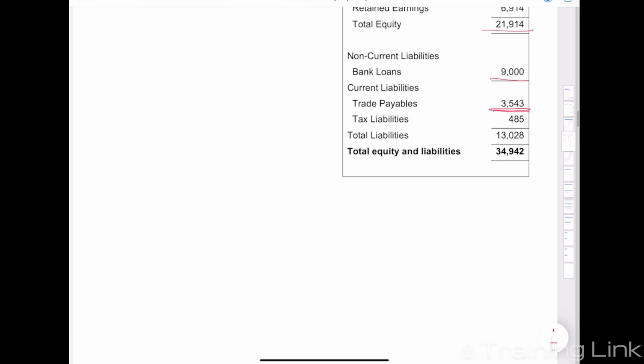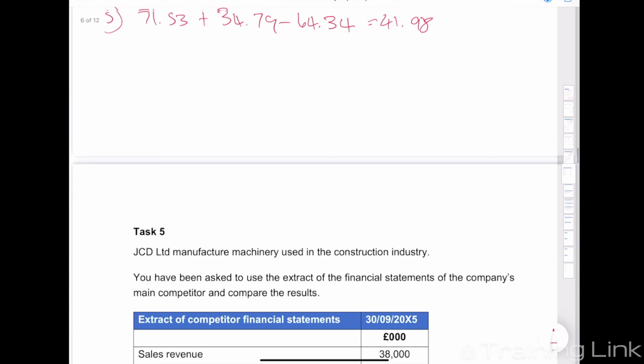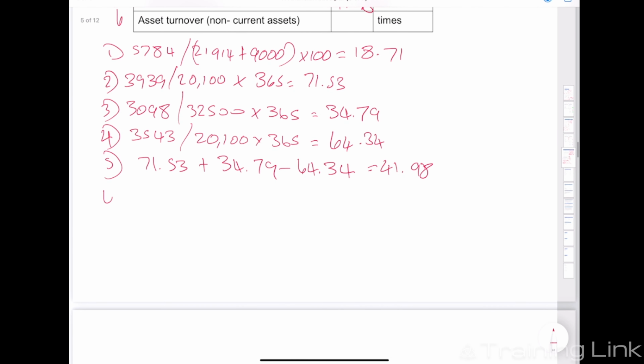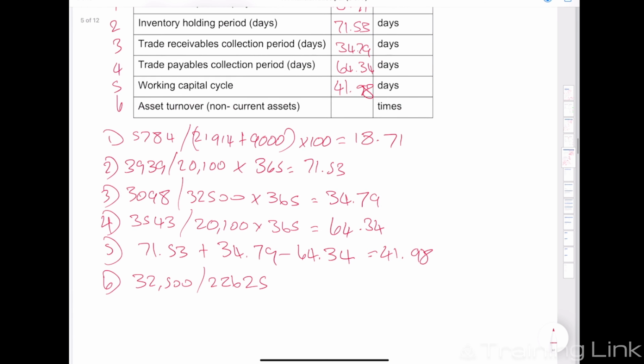So if you plug those figures in, it'll be 32,500 over 22,625, which would give us an asset turnover of 1.44. Which we can enter in.